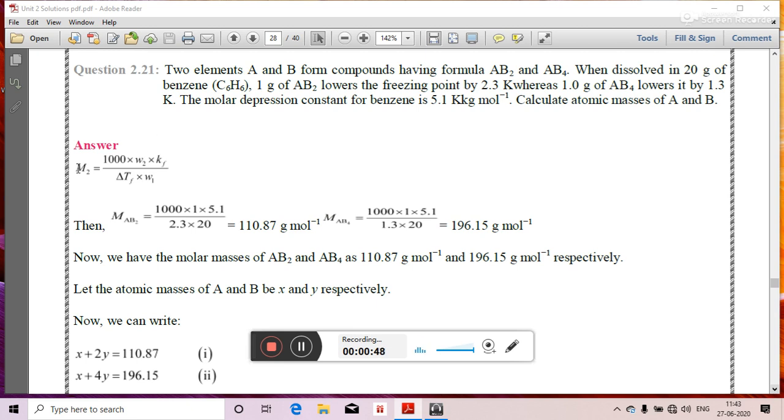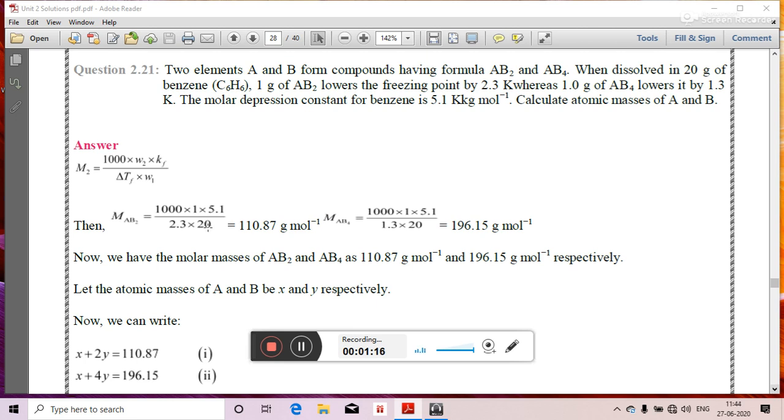Now, molar mass of solute is given as M2 equal to 1000 into W2 into Kf upon delta Tf into W1. Now if you want to find molar mass of AB2, then we will write MAB2 equal to 1000 into W2 is 1 into 5.1 upon 2.3 into 20.